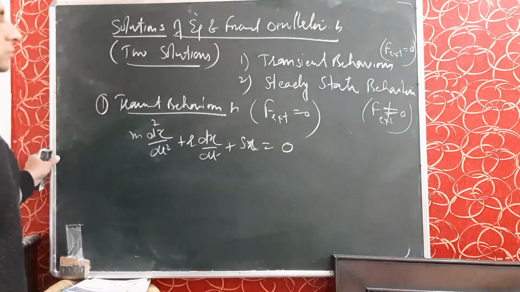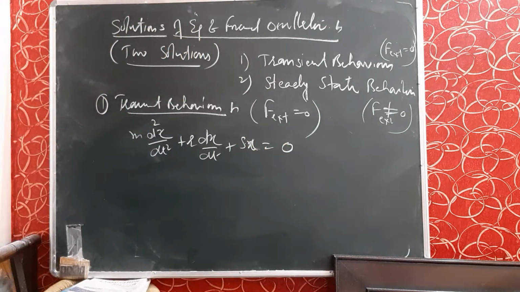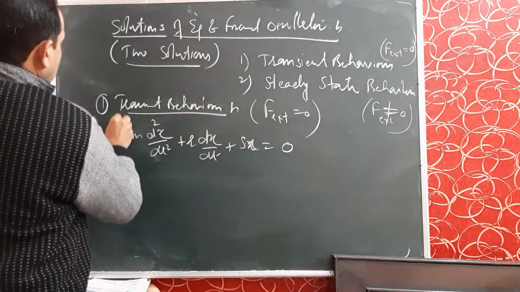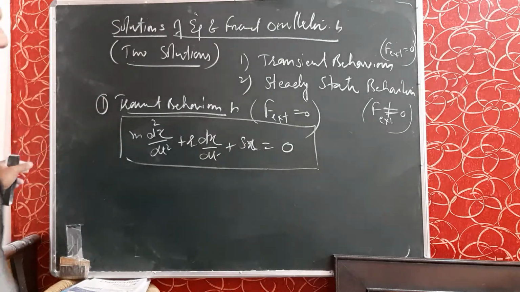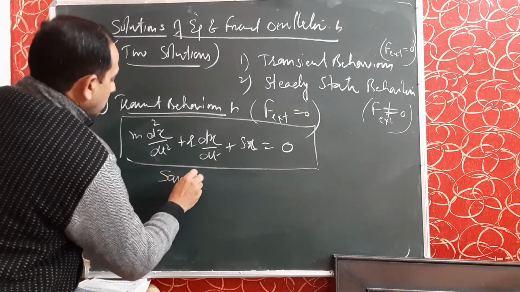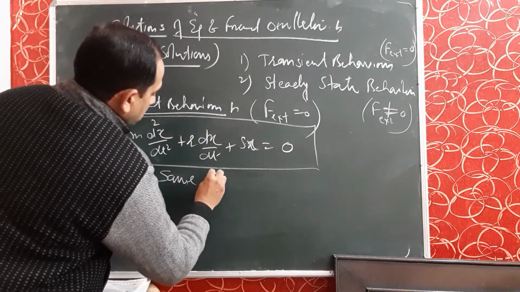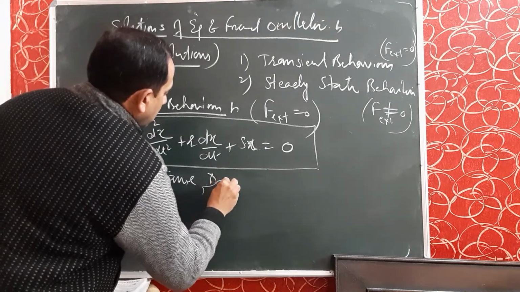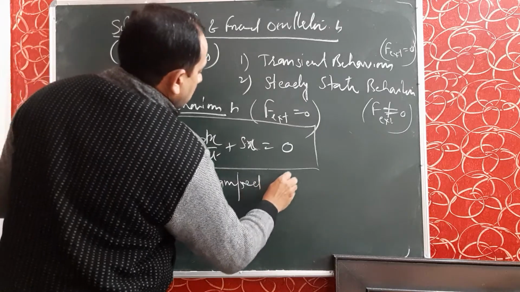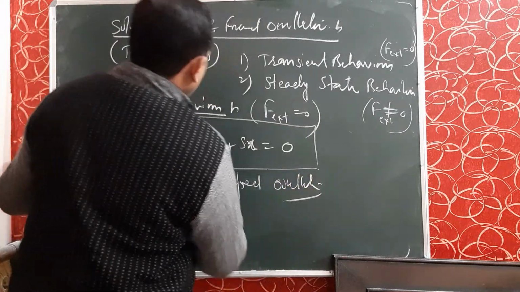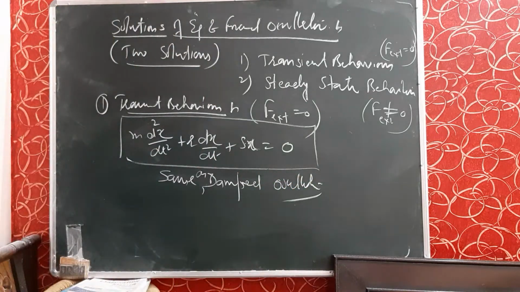If the right hand side becomes 0, it means the external force is not applied on it. So this equation is the same as the equation of a damped oscillator, because it is the equation for a damped oscillator.